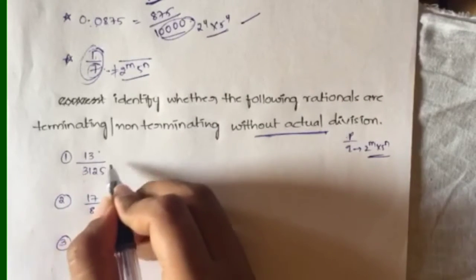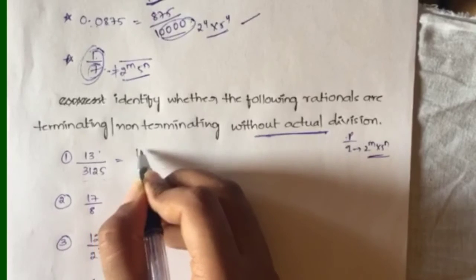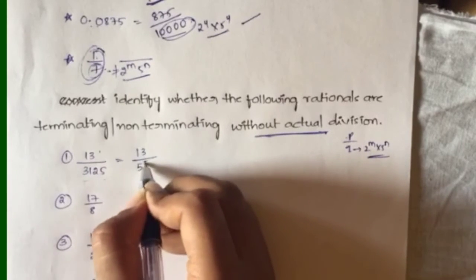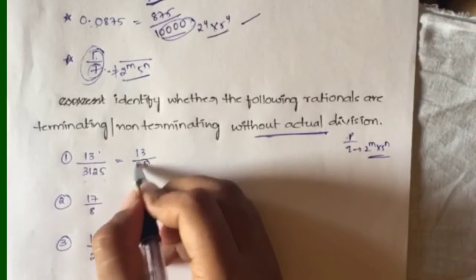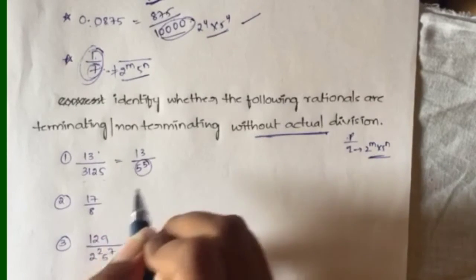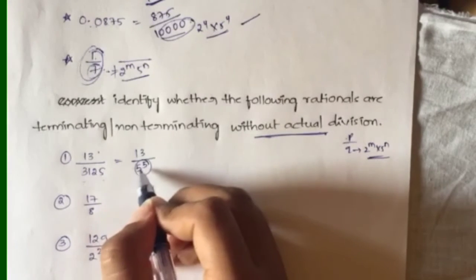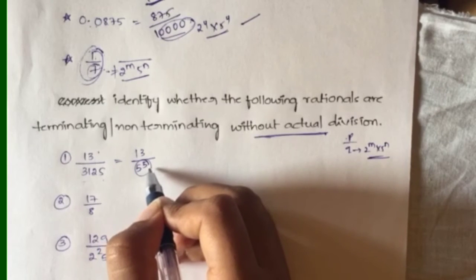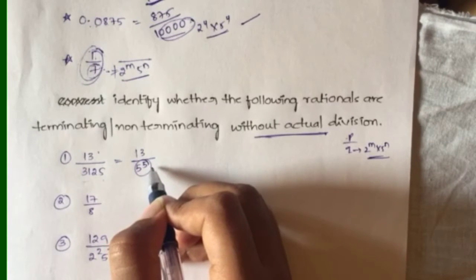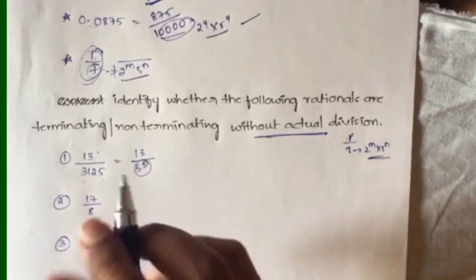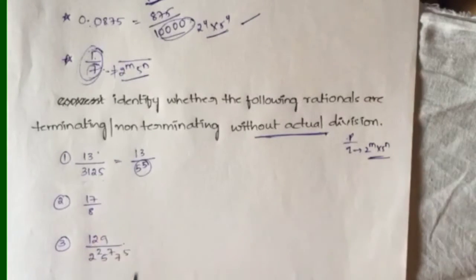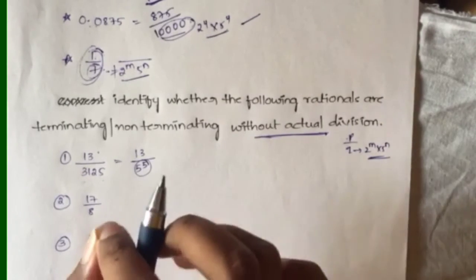13 by 3125. 3125 is nothing but 5 power 5. Okay, 3125 is 5 power 5. As it is in the form of 2 power m into 5 power n. You may get a doubt here, we don't have 2 power m. It's okay. Only 2 power m or only 5 power n or both combination is okay.